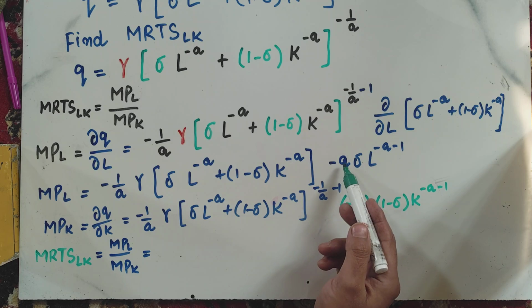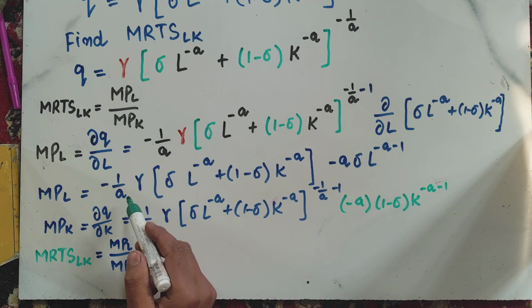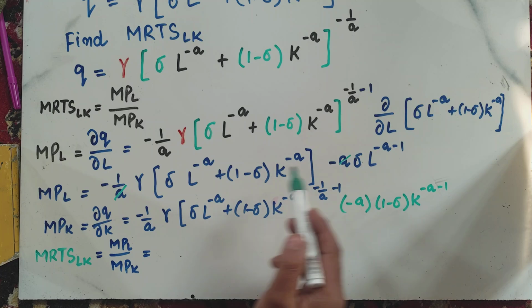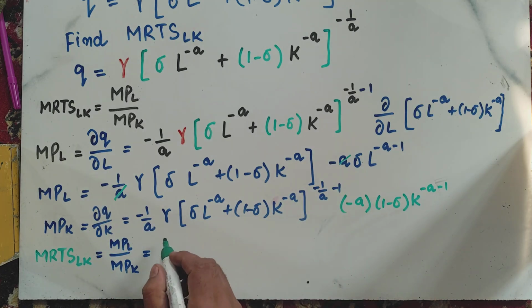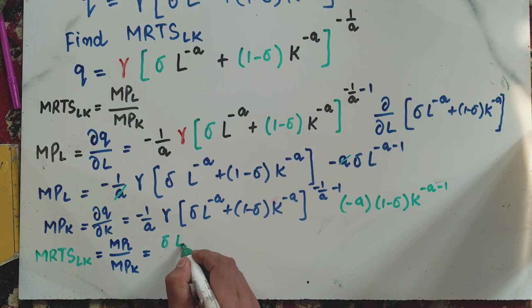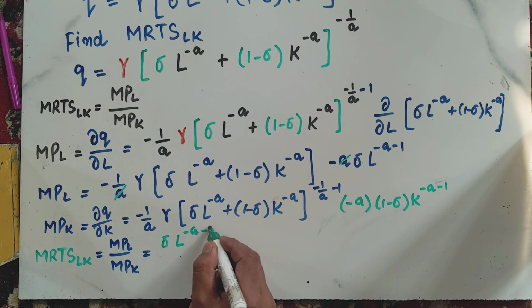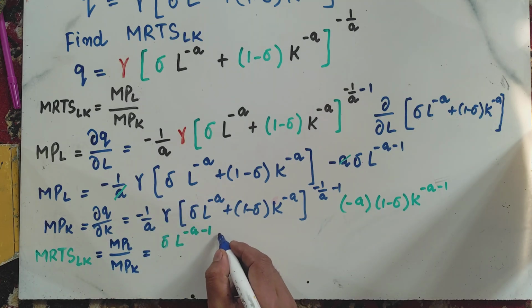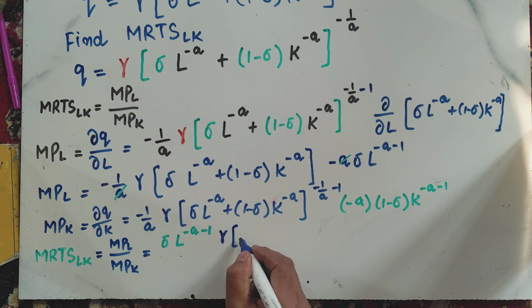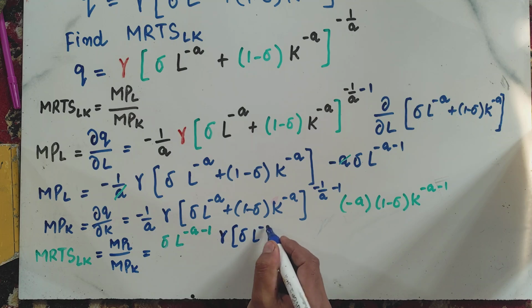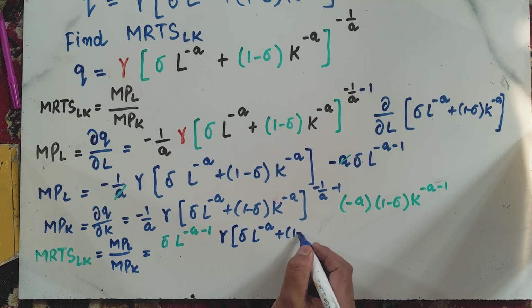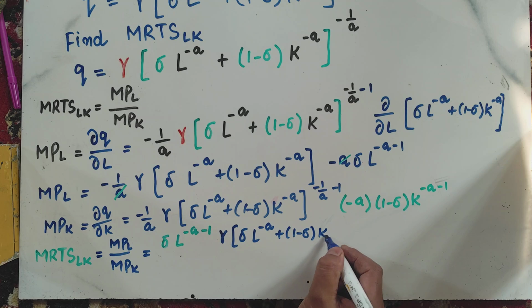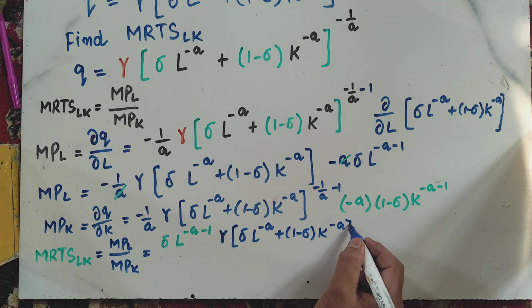Here we have minus A, and here we have this A, so this A and this A get cancelled, minus into minus is plus, so we are left with delta L raised to the power minus A minus 1. Then we have gamma times delta L raised to the power minus A plus 1 minus delta K raised to the power minus A. This is our MPL.